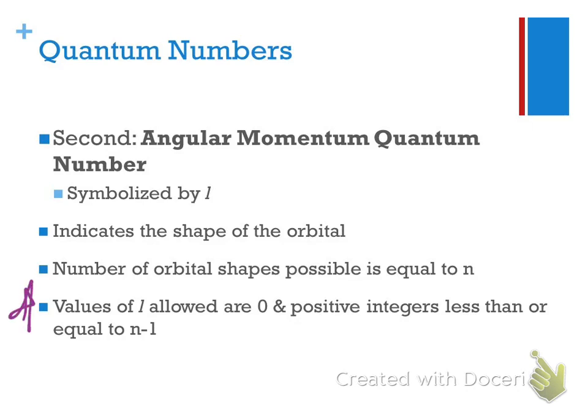So I want you to look at this one next. Values of l are allowed to be 0 all the way up to n minus 1. So you go from 0 to n minus 1, and l could equal any of those things.